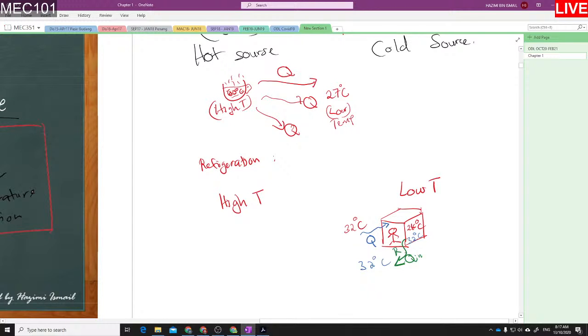That is what we call the refrigeration process. So by doing that, your room will remain at 24 degrees or lower, as long as the refrigeration process is running.